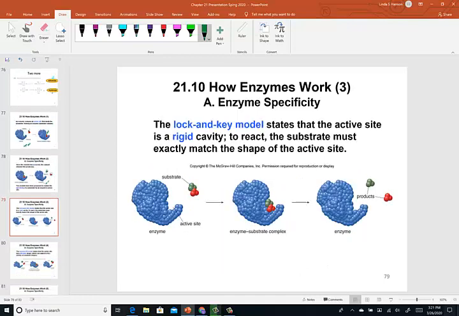Those two competing theories, the first of the two is the lock and key theory. That model simply states that the active site is rigid and must have an exact complementary shape to the substrate. Just as you have a whole ring full of keys, but only one fits the lock.